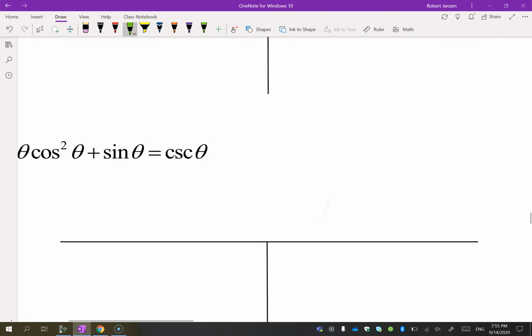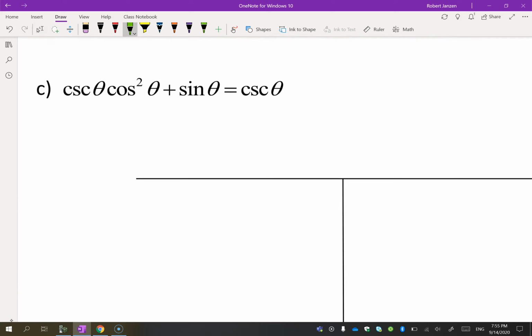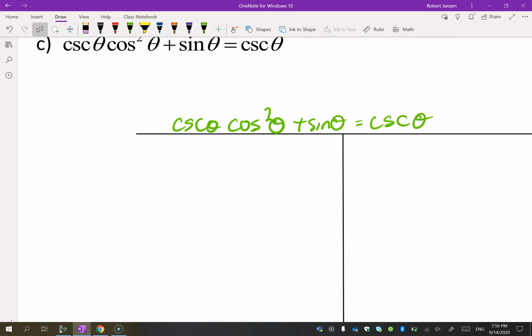Let's try this one. Which one's more complicated? It's going to be the left side. And what are we going to do here? Well, we need to end up with cosecant.